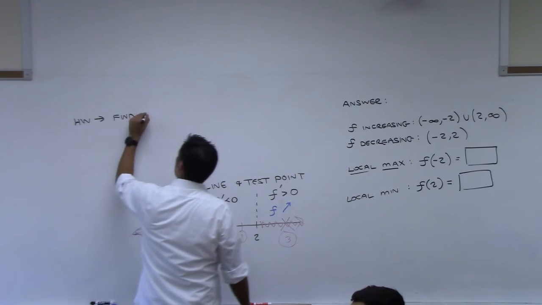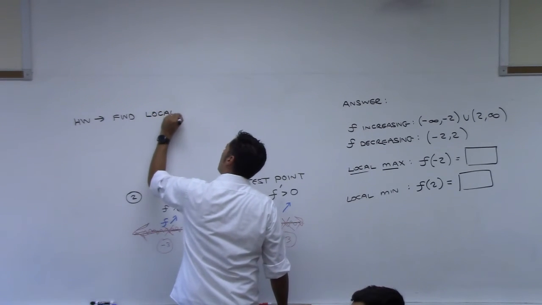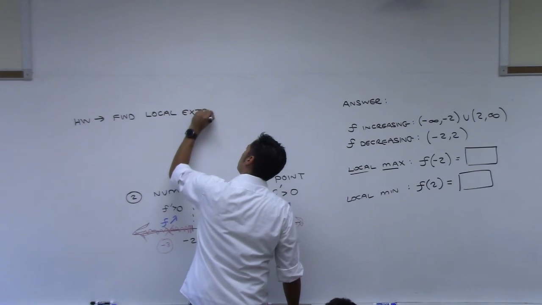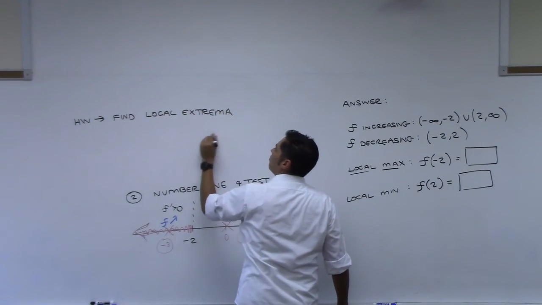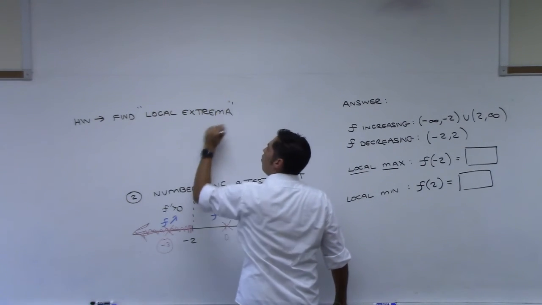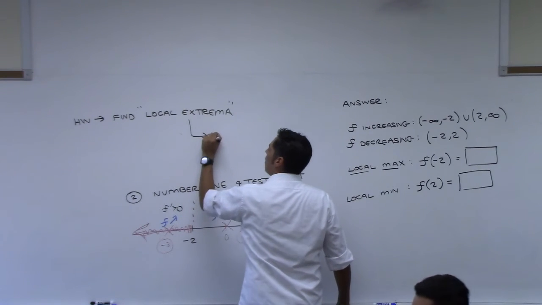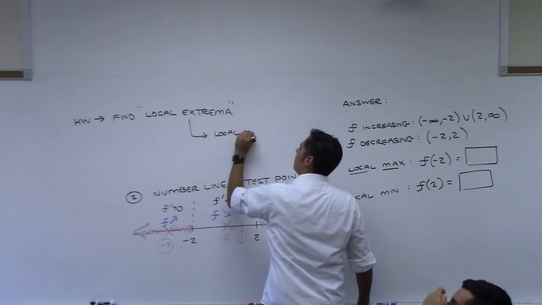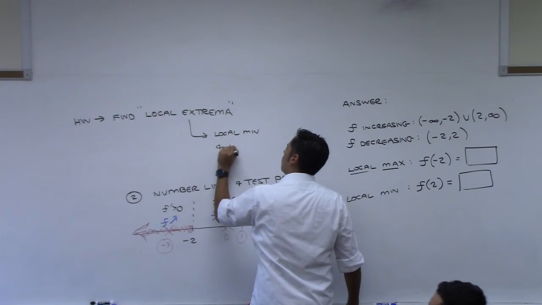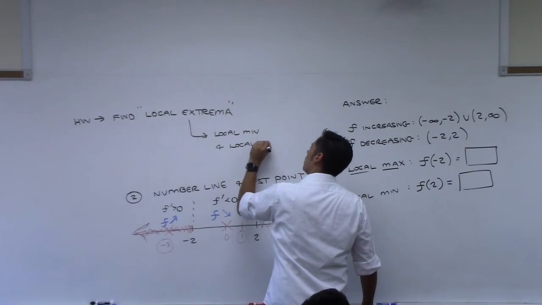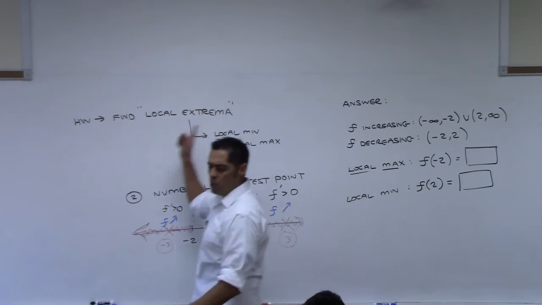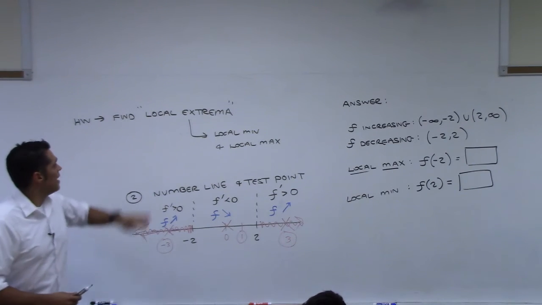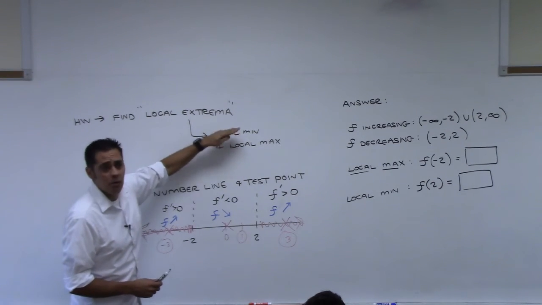I didn't have a chance to write that down. Local extrema means find your local min and your local max. It's one word that encompasses both. So if they ask for the local extrema, they want you to find both of these.